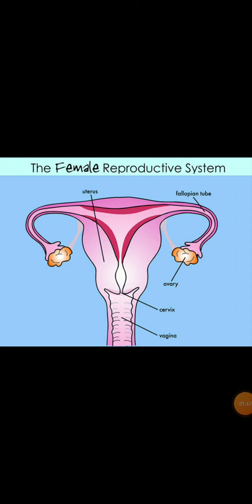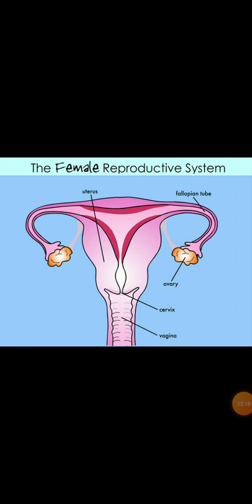What are these female germ cells? They are eggs or ova. If it is one egg, then it is an ovum. Singular is ovum, plural is ova. So, the female germ cells, eggs or ova, are formed in the ovaries.